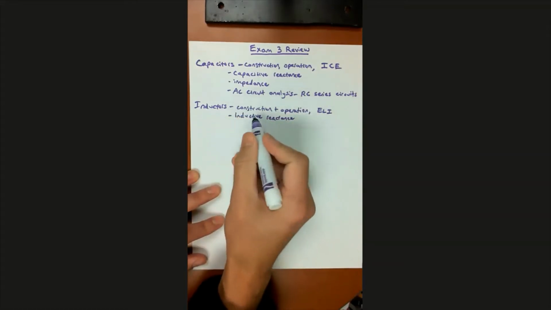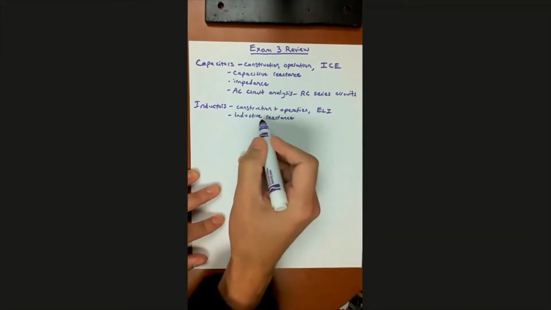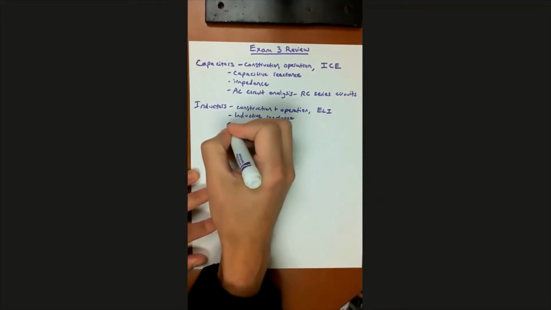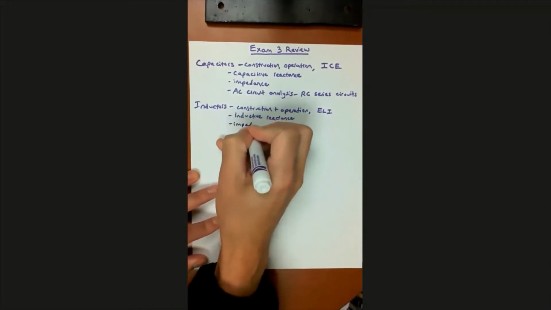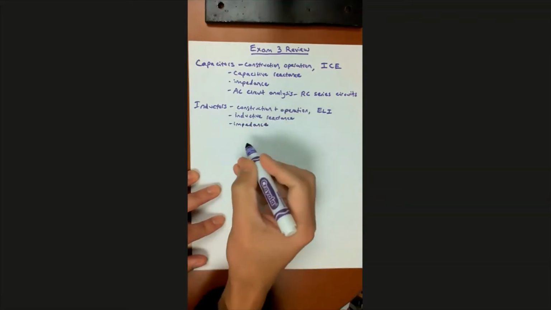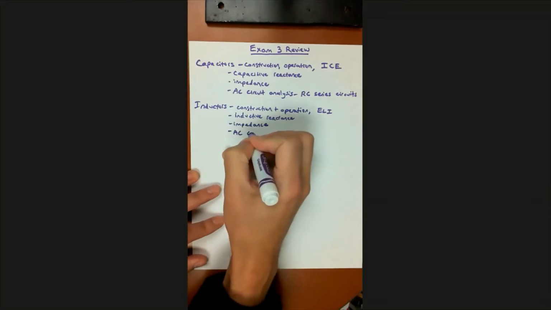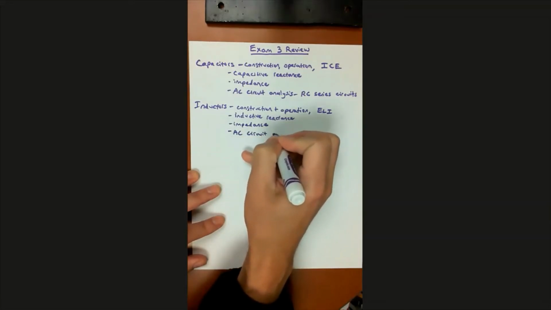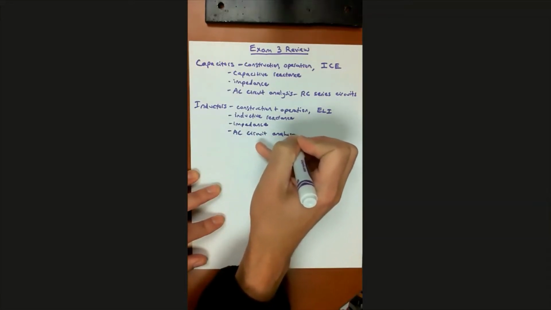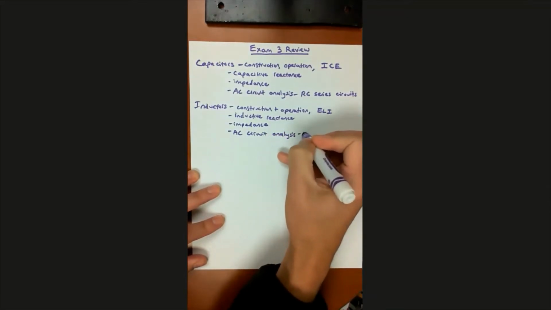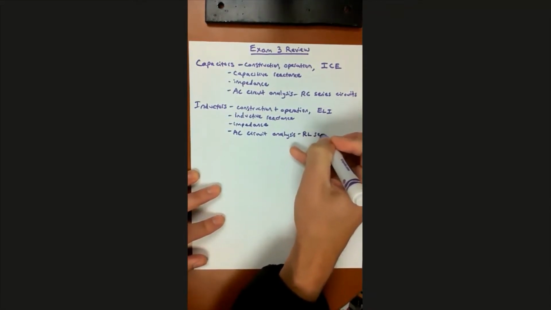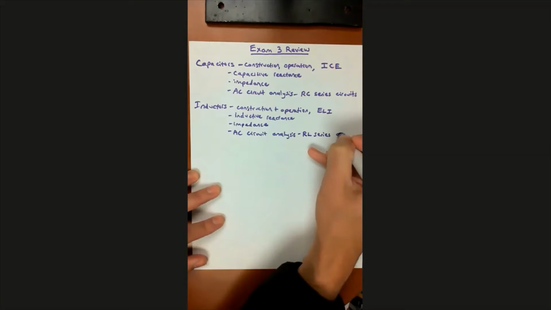And the formula for that, remember there was an equation to find inductive reactance. And once again, we talked about impedance. And we did some AC circuit analysis for RL series circuits.